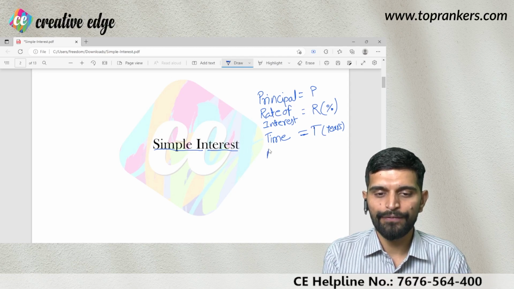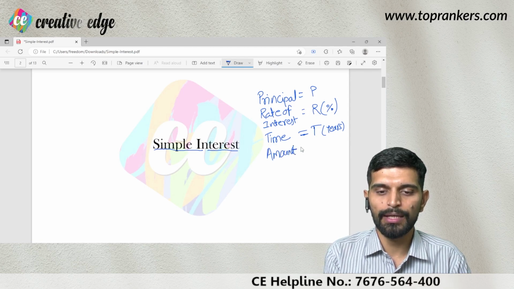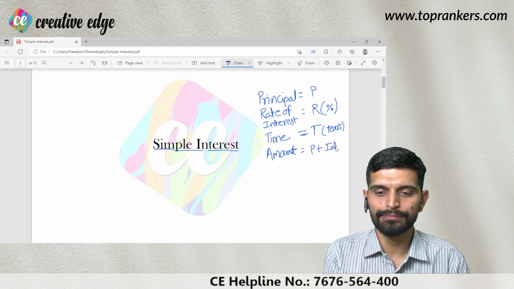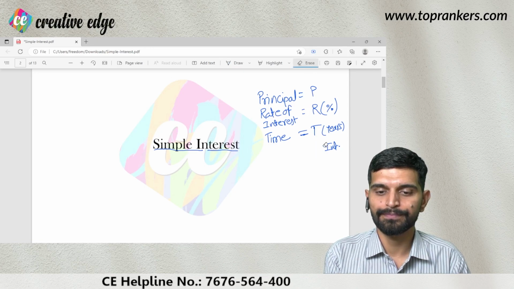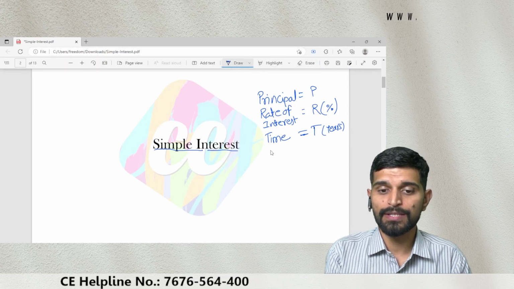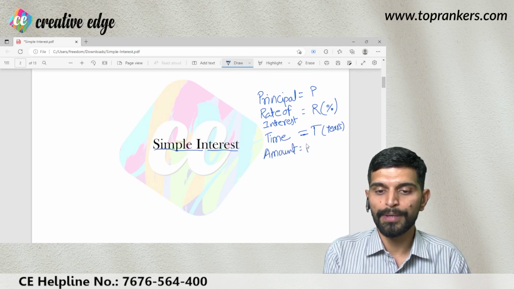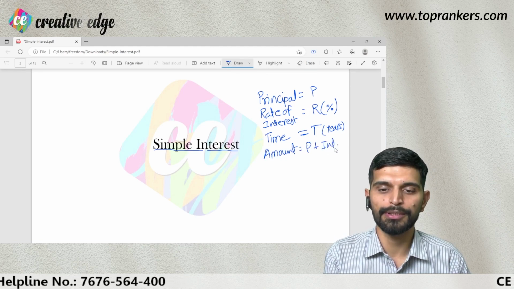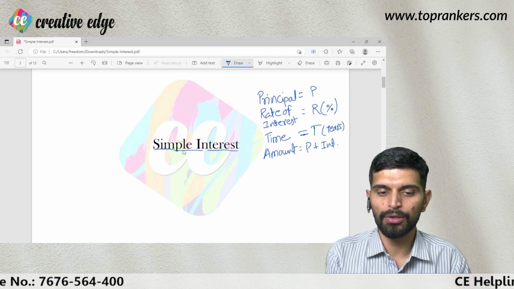Next, we have amount. Amount is the money that is sum of principal and interest. Amount is principal plus the interest earned, right? Principal plus interest. And in this case, we specifically are talking about simple interest.